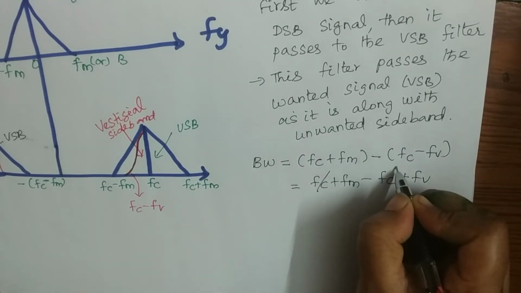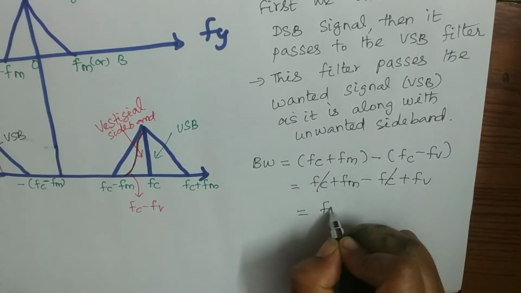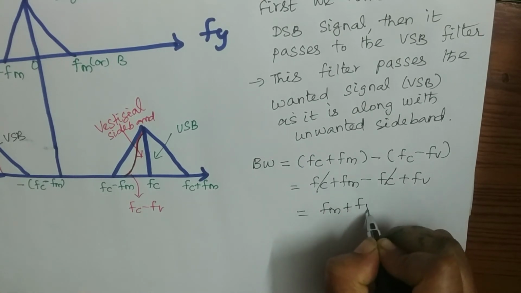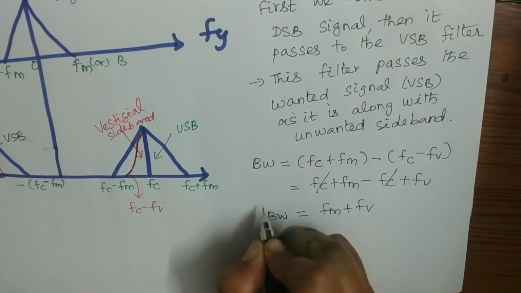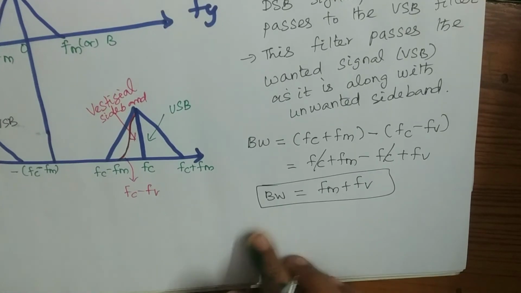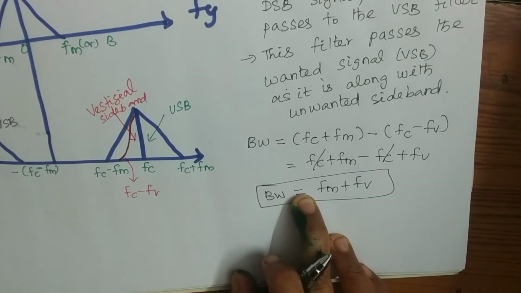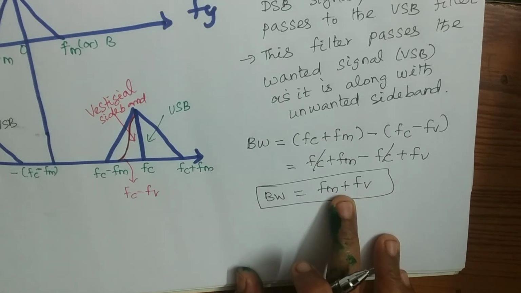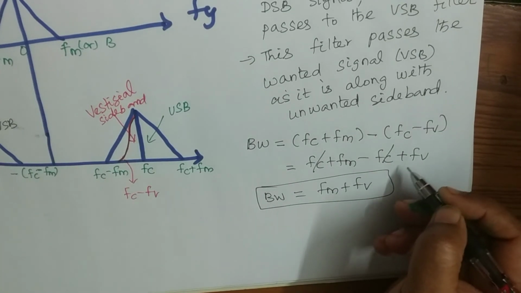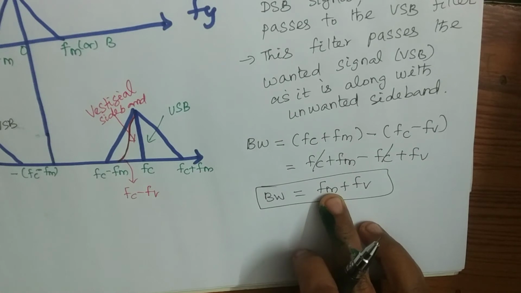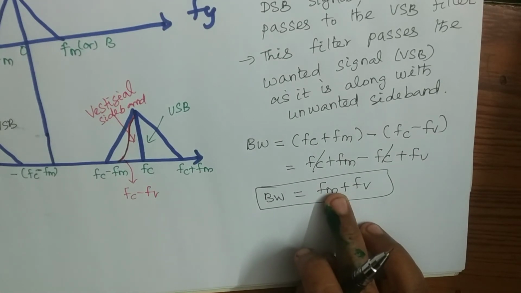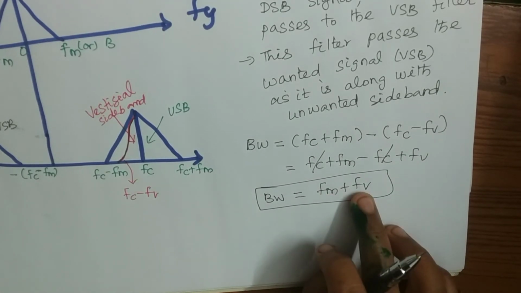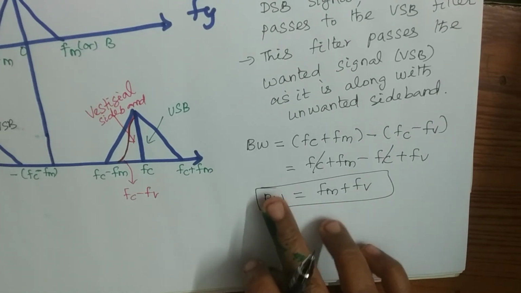Plus fc and minus fc get cancelled, so the bandwidth of the vestigial sideband signal becomes fm plus fv. So the bandwidth is slightly increased. Here fm is the bandwidth of the message signal, and fv represents the vestigial sideband frequency.